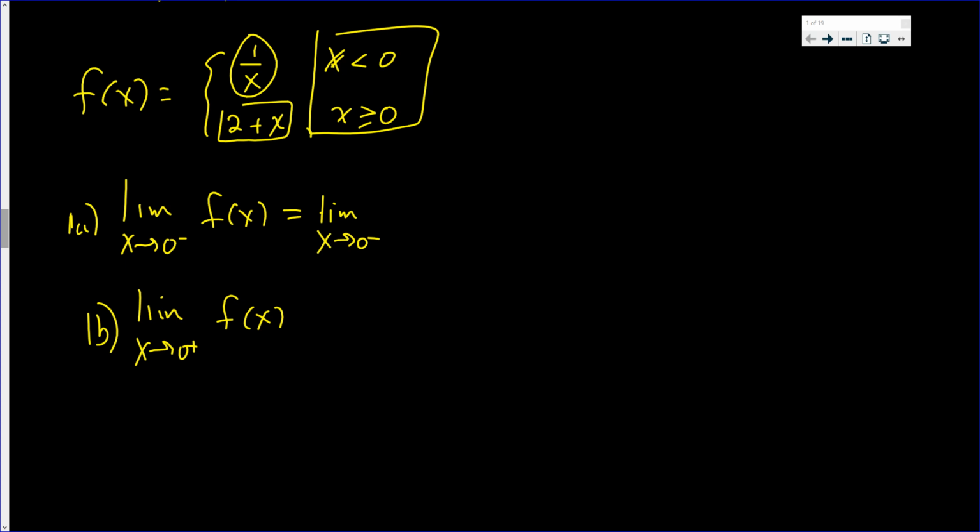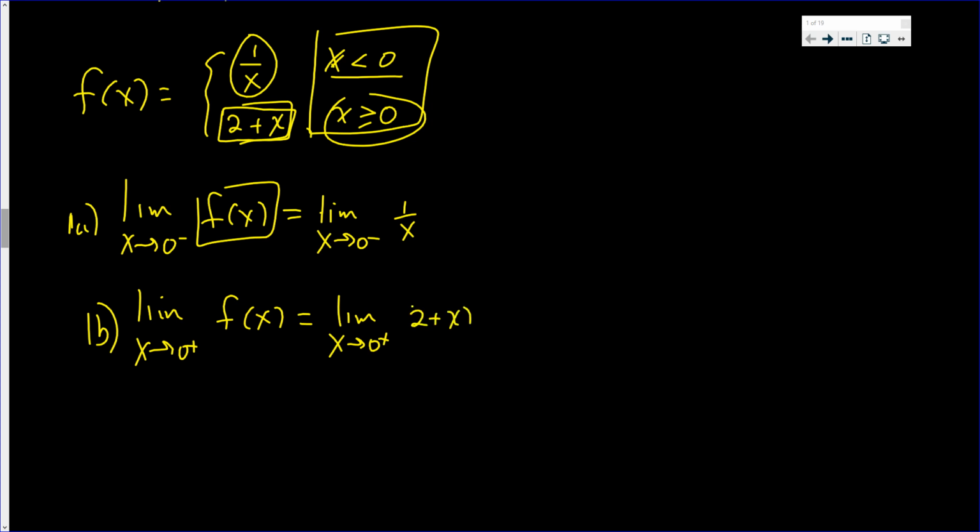And f of x when x is less than 0 is 1 over x. And here is going to be the limit as x goes to 0 plus. And if x is a little bit more than 0 or a lot more than 0, we use 2 plus x. Now this limit on the bottom will be 2 plus 0 or 2.